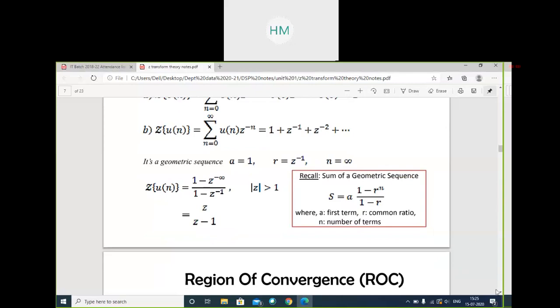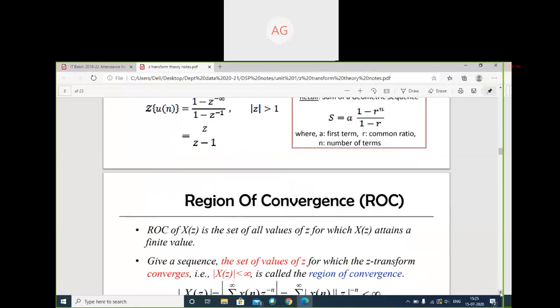Okay. Next, ROC. What do you mean by ROC? You have heard this term while studying Z transforms. Region of convergence, which is very important. Yes, ROC. Have you studied ROC? So, what does it tell?